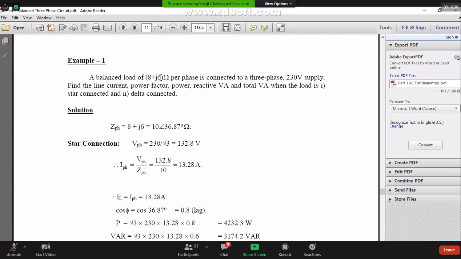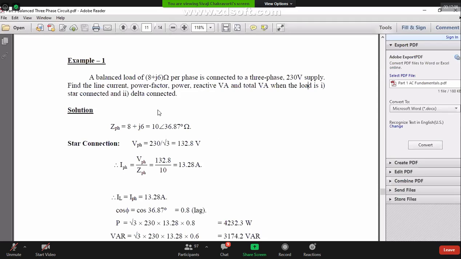Now, if you look at this impedance, there is a resistance of 8 ohm and an inductive reactance of 6 ohm. Now, take another impedance, which is 8 minus J6. What is the difference? Resistance is 8 ohm, but minus J6 means it will be a capacitor, a capacitive reactance of 6 ohm. If I again measure the impedance magnitude, I will get 10 ohm.